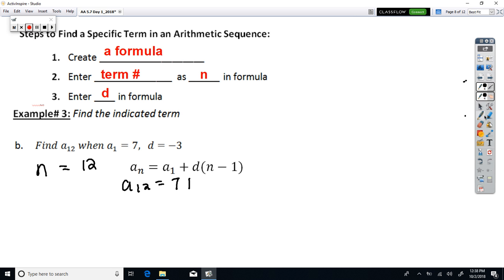And our common difference is, I'll just put plus and negative. Again, you may want to copy down the formula every time before you start substituting it. Usually I would just put 7 minus 3 instead of 7 plus a negative 3. So 12 minus 1 is 11.